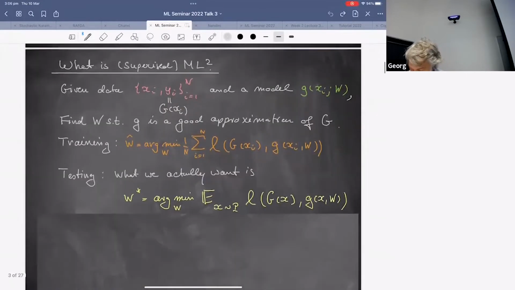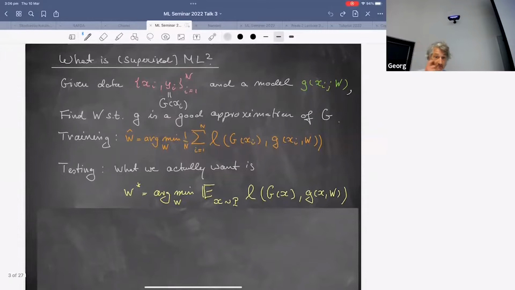Okay, so a very general view on what supervised machine learning is. We're given some data, x_i, y_i, and we assume that the y_i are given by a function of some x_i.